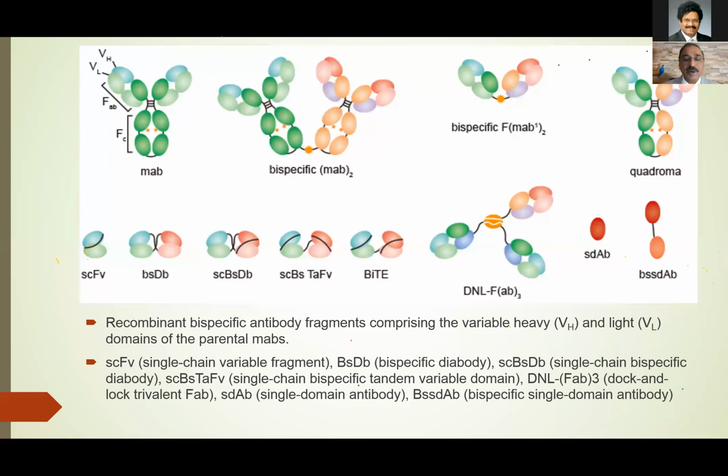These are all the antibodies we are developing now, so that the reactions will be less and we can produce more of these drugs. And recently, the latest one that I'm talking about is bispecific single domain antibodies. So that specifically addresses the issue of what we want to do.